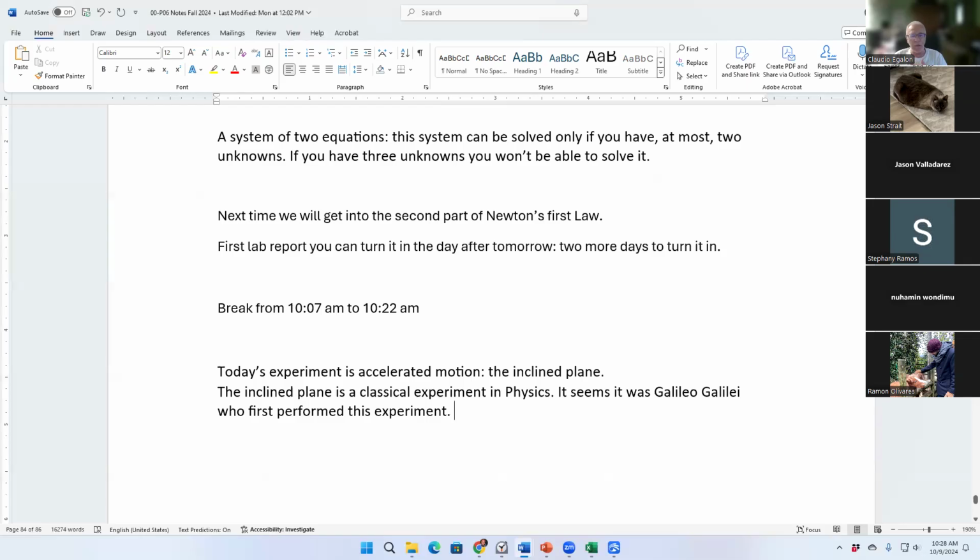The idea goes that he managed to measure how long it took for a ball to move down an inclined plane just by listening to the bells that he put along the way of the ball. Each bell would be activated every time the ball passed a given point.